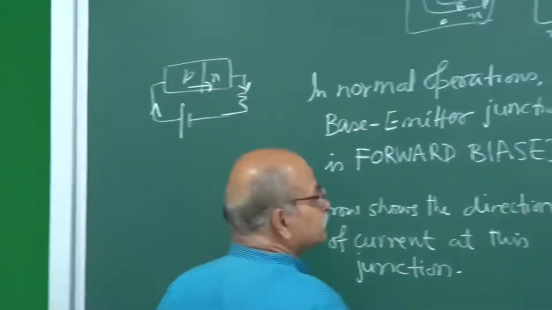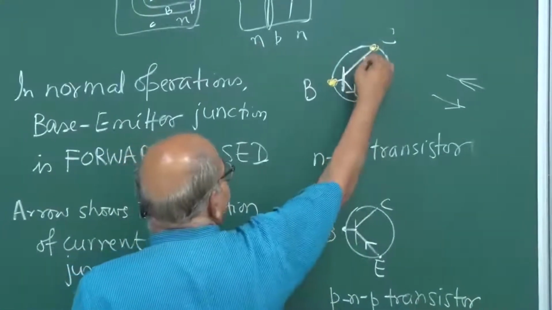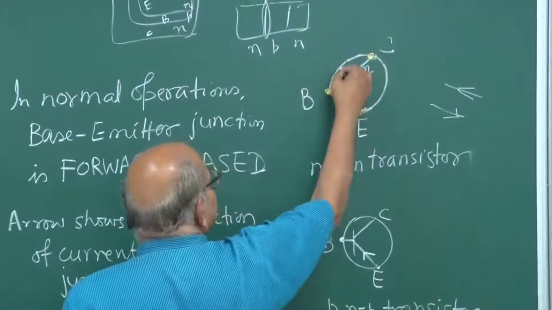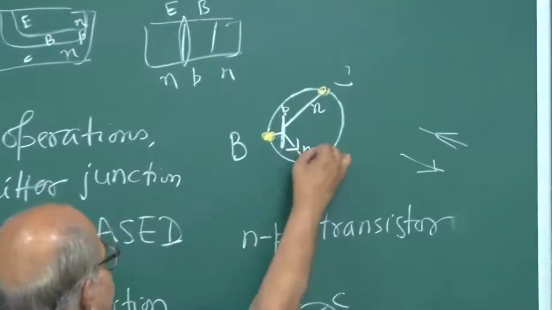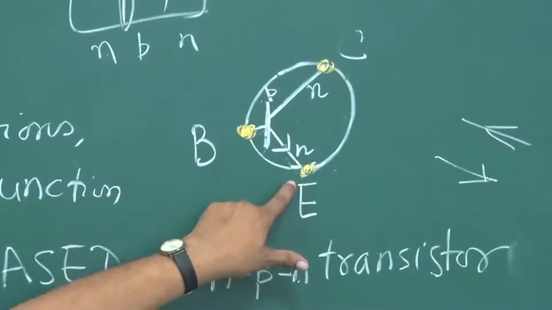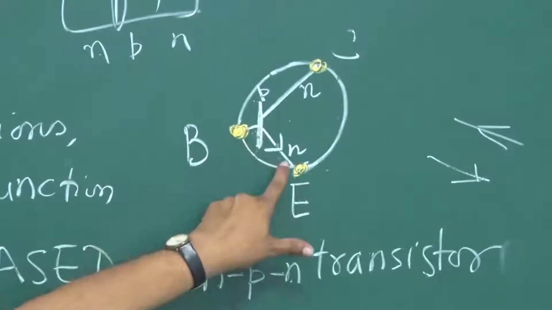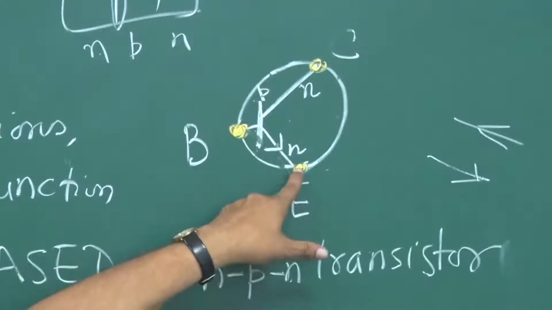And so it is. If this is an NPN transistor, then this is N, this base is P, and this emitter is N. So at this base emitter junction, the current should flow from P to N, that means from here to here, and therefore the arrow is like this.